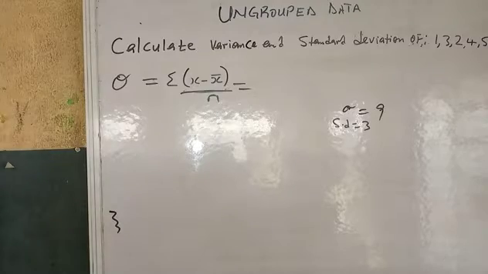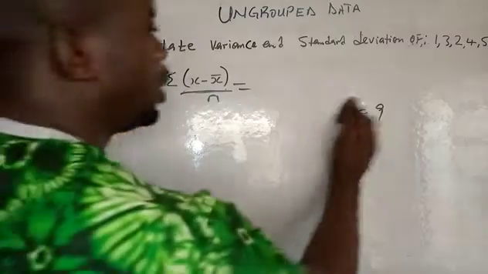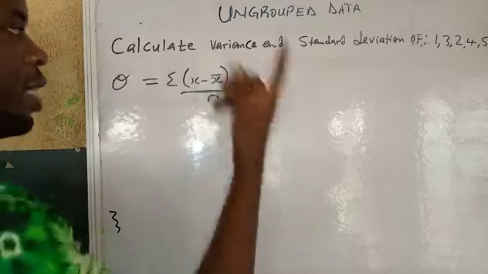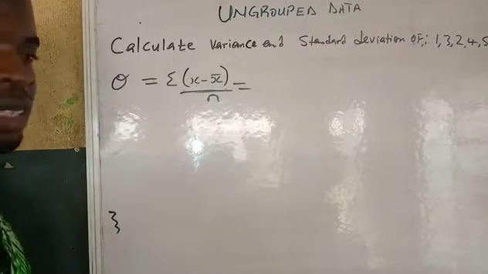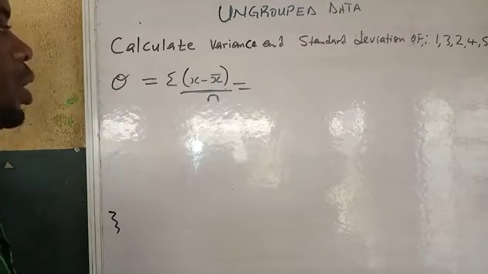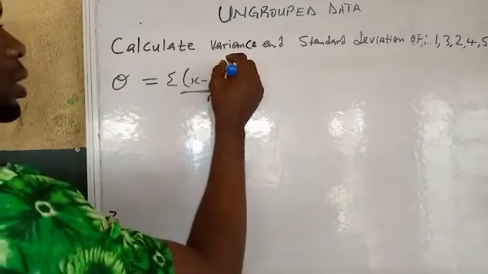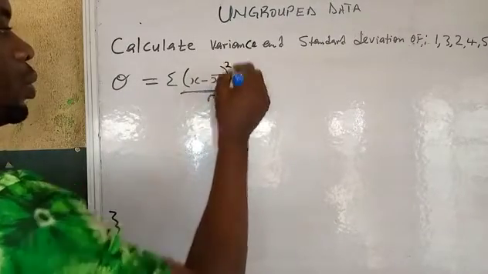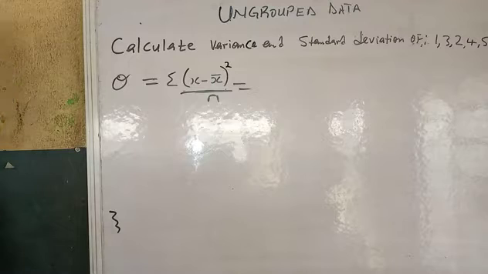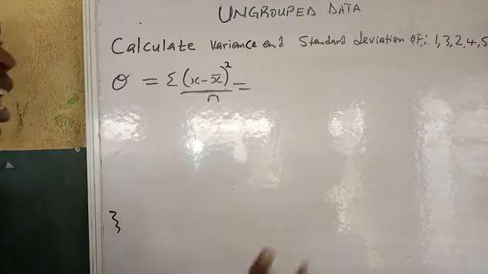Now let's work. So if you want to solve for variance, let's solve for variance first. So we have this here, we have the square here for the variance, and we can have our table.